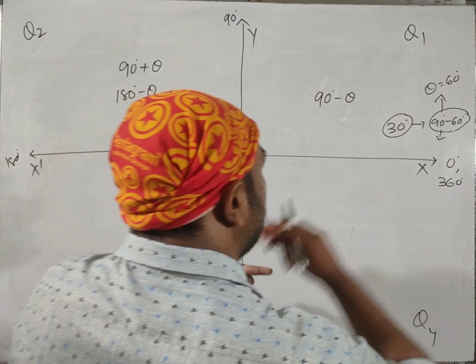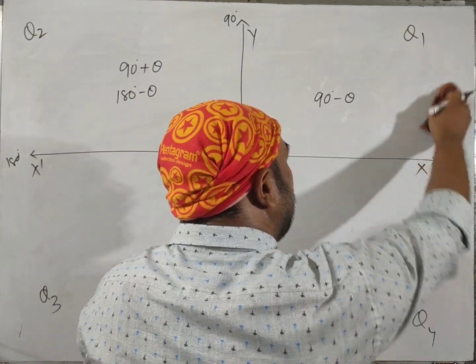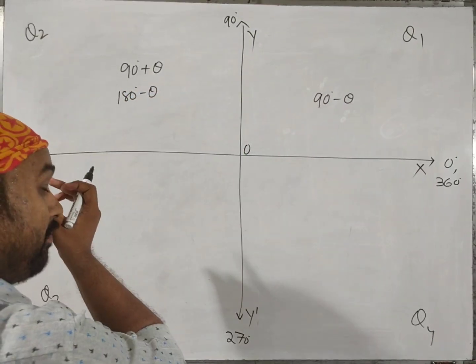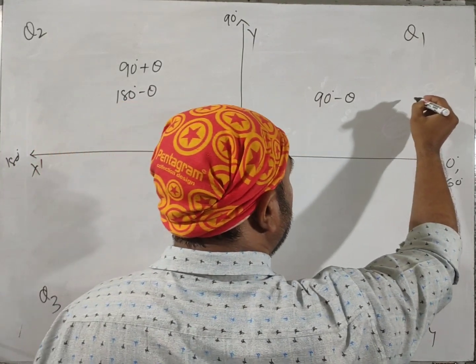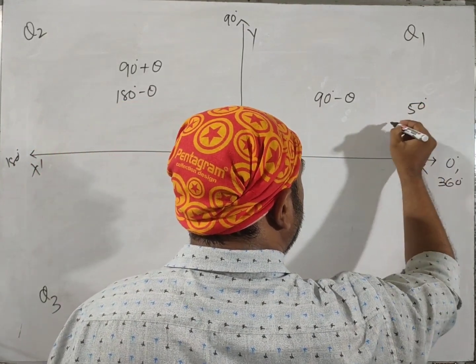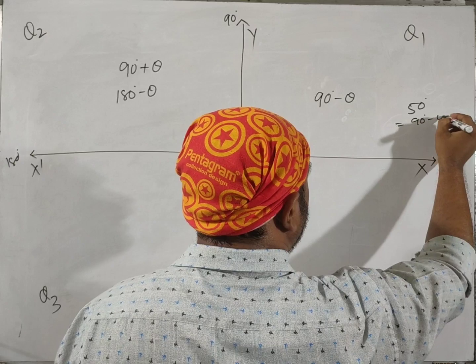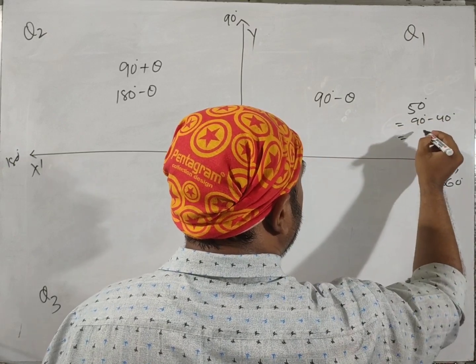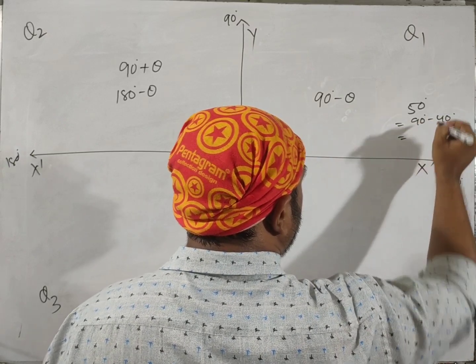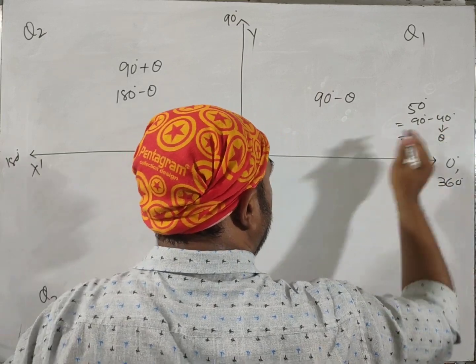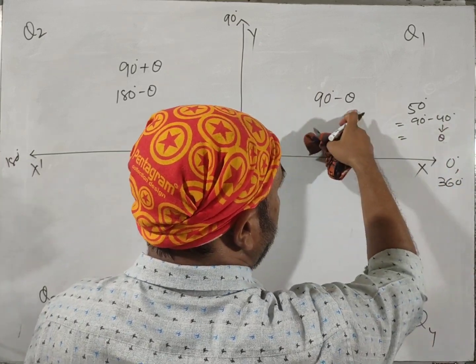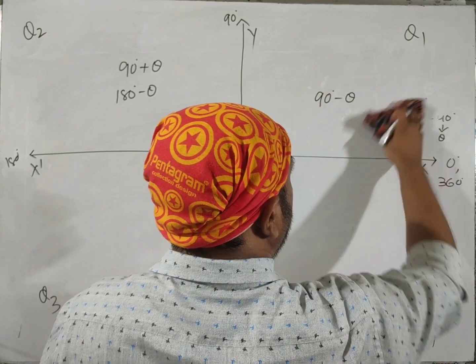So each and every angle present in the first quadrant can be expressed in the form of 90 degree minus theta. Suppose another angle, that is 50 degree. 50 degree can be expressed in the form of 90 degree minus 40 degree, and here theta is equal to 40 degree. It is expressed in the form of 90 degree minus theta, where theta is 40 degree.